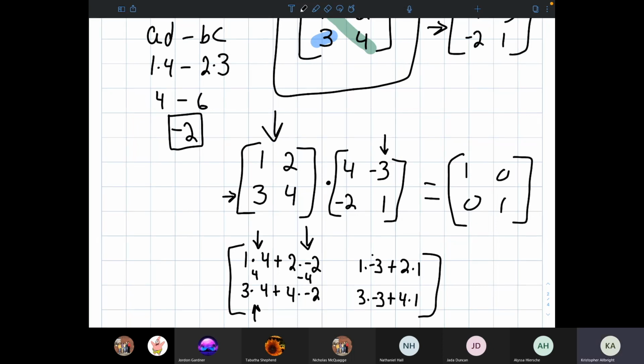What makes it an inverse? The whole point of an inverse is something that you can multiply and get this out. So if you get this out, they're always inverses. It's like if you multiply 2 and 1/2, you're going to get 1. So they're inverses of one another. They cancel each other out.